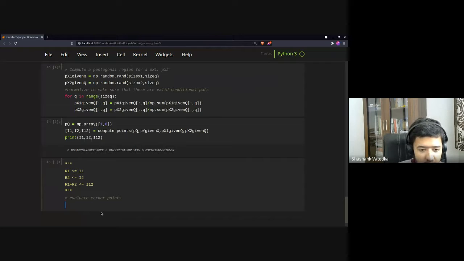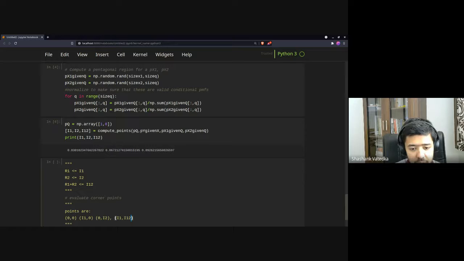So my corner points are going to be, of course, 0 comma 0, and then I1 comma 0, 0 comma I2, and then I have I1 comma I12 minus I1, and I12 minus I2 comma I2.